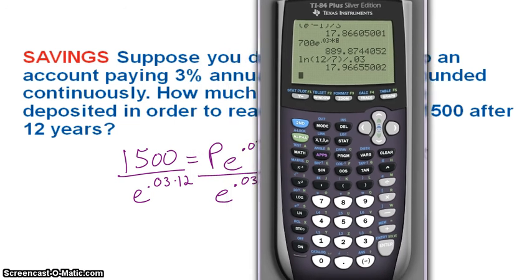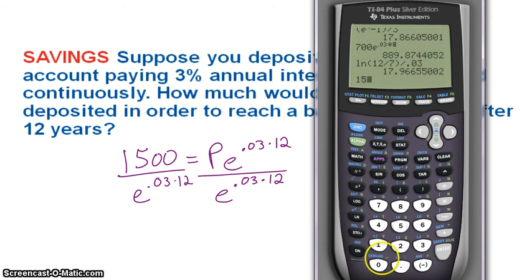So if I took 1,500 divided by e to the 0.03 times 12, the amount I would have to invest is $1,046.51.